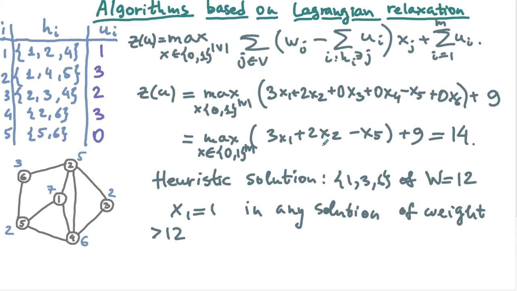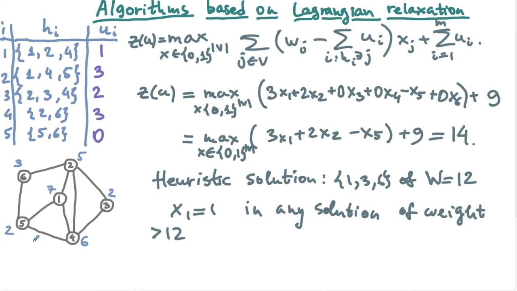Alright, so then, if I was searching for the solution of weight greater than 12, then I would have to put the vertex 2 in that solution, and once I put the vertex 2 in, this would eliminate 6, 1, 3, and 4 from the solution that I'm constructing, and would leave only vertices 2 and 5 that are independent. And the weight of that solution would be 5 plus 2, which is 7, and I would get the contradiction with the fact that I'm searching for the solutions of weight greater than 12.